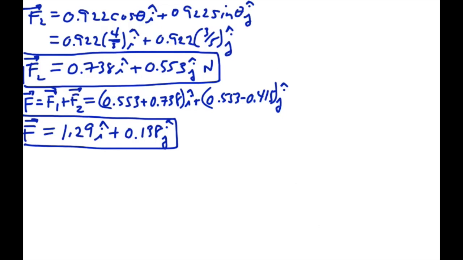Well, we want to find the magnitude of that force. So these two components are perpendicular to each other. This is newtons. They're perpendicular to each other, so the magnitude of this force is going to equal the square root of 1.29 squared plus 0.138 squared.